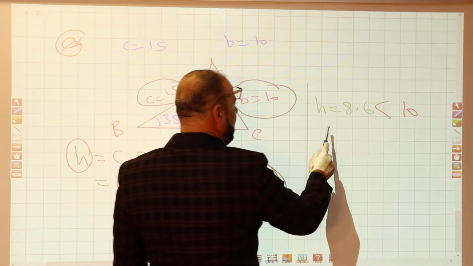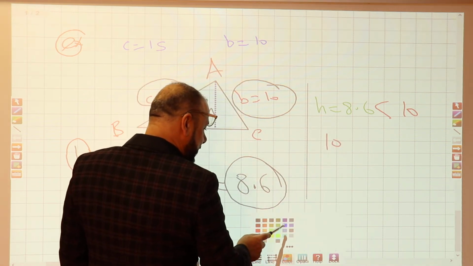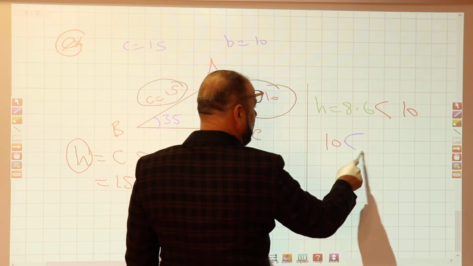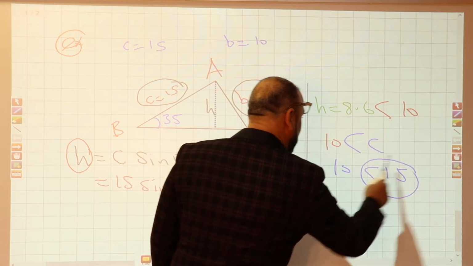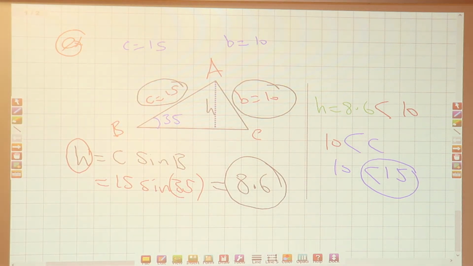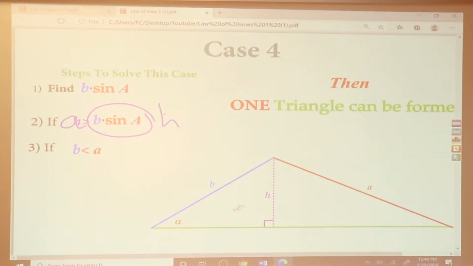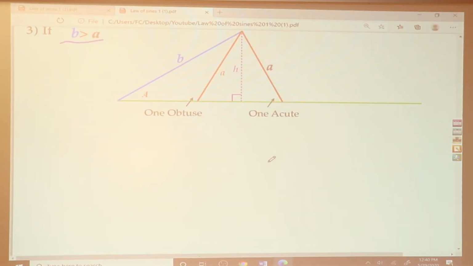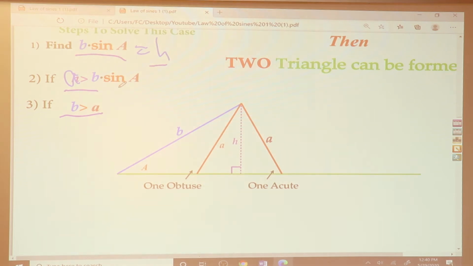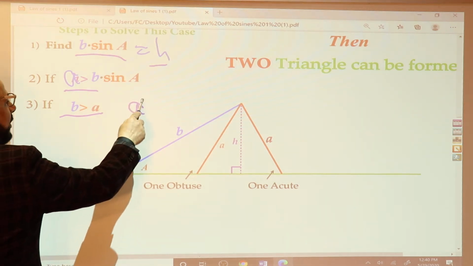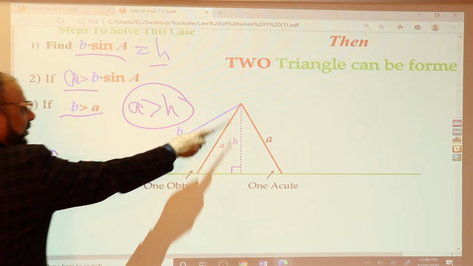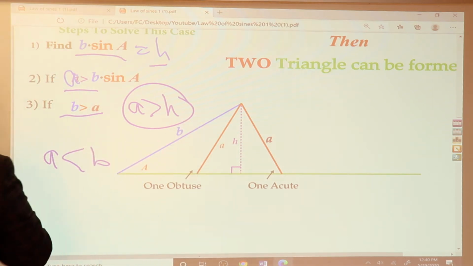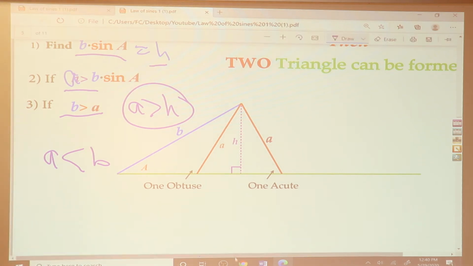Also, 10 is less than C, which is 15. Then we have two triangles formed. Look back here at the rule: A greater than H, and A less than B. How many triangles are formed? Two triangles formed.